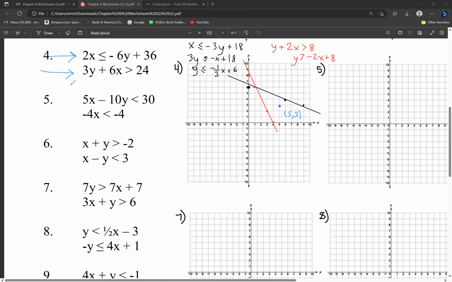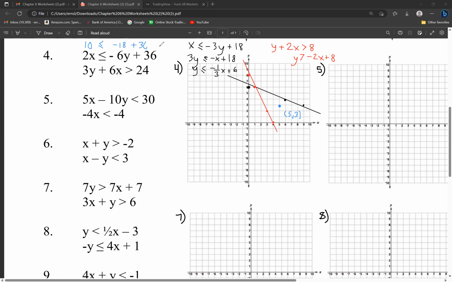In the first equation, the left side would be less than or equal to the right side. All right, let's try it right quick. 2 times 5 is 10. Is that less than or equal to negative 6 times 3, which is negative 18, plus 36?